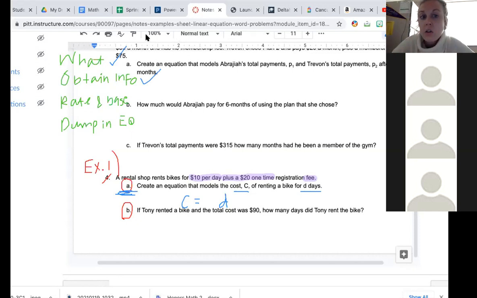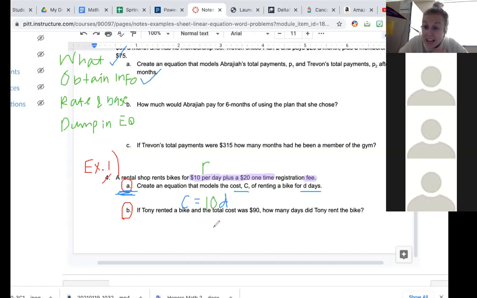So let me ask you guys a question. How much is it gonna go up by every day that I rent the bike? 10. Very good. That was Kiara, right? I'm so proud of you, girl. $10 is the rate, because however many days you have that bike, it's $10 every single day. So that's how much it's gonna go up by.